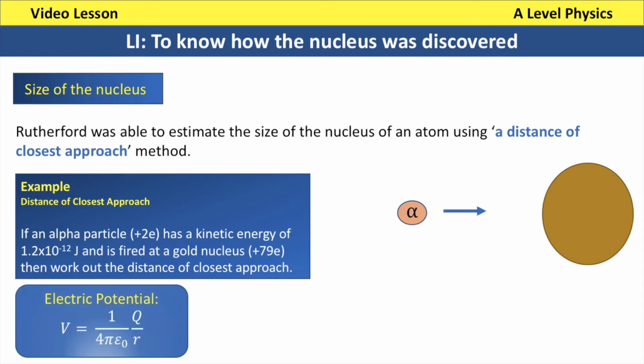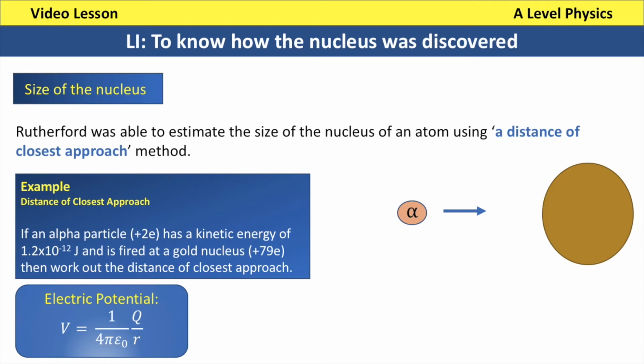So, on the formula sheet, there is an equation for electric potential. Electric potential V is Q over 4 pi ε0 r, where Q is the charge of that nucleus, ε0 is the permittivity of free space, and r is the distance from that nucleus.